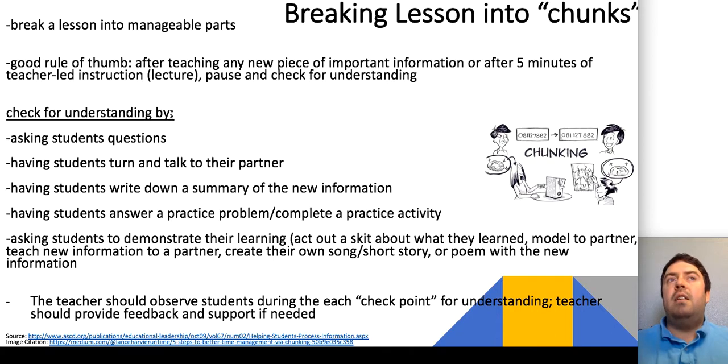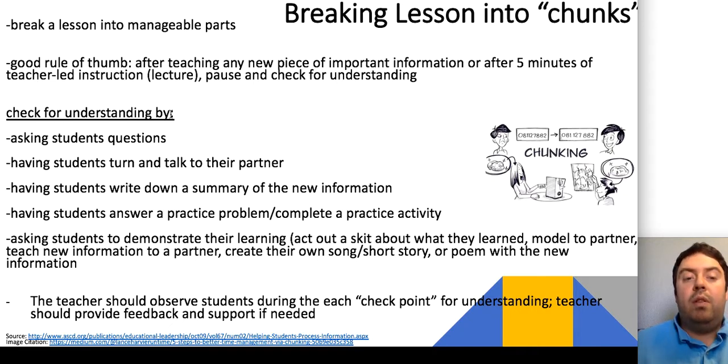Chunking is the idea of don't present the entire lesson all at once. Break it down into manageable pieces and teach each piece at a time, maybe for 1 to 2 minutes for each chunk. Then pause, ask students questions, and have students practice with that content, and use that content in a different way.